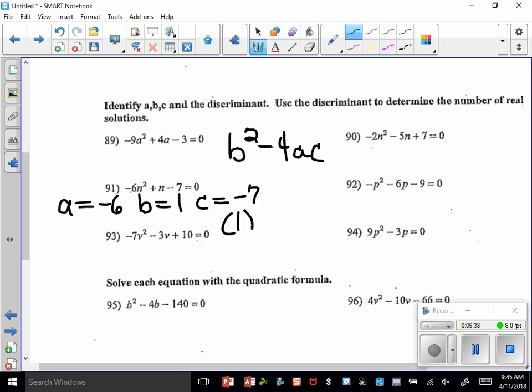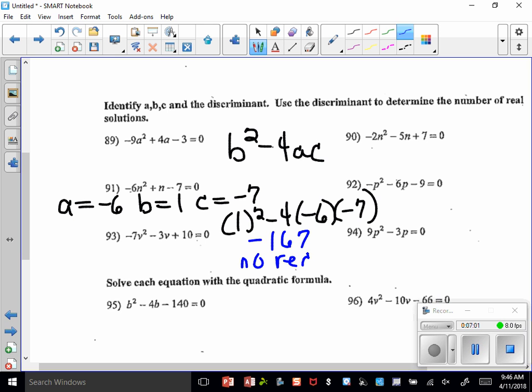So I'll have 1 squared minus 4 times, in parentheses, -6, and parentheses, -7. If somebody could give me an answer for that. All right, so -167. So what does that mean? No real solutions.